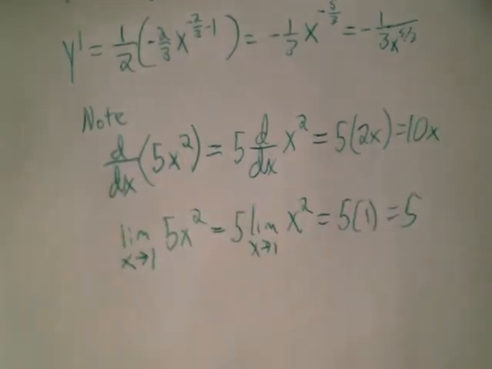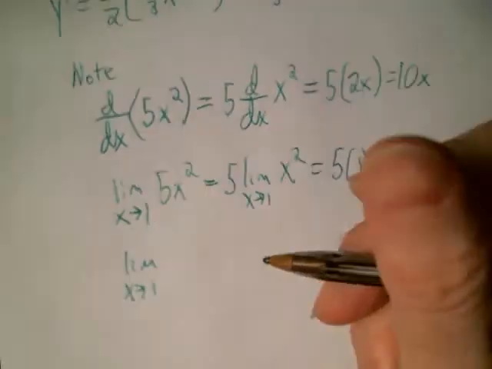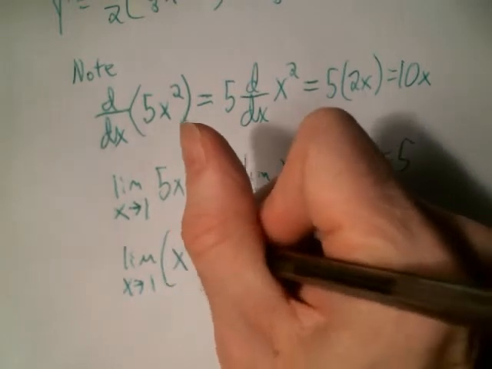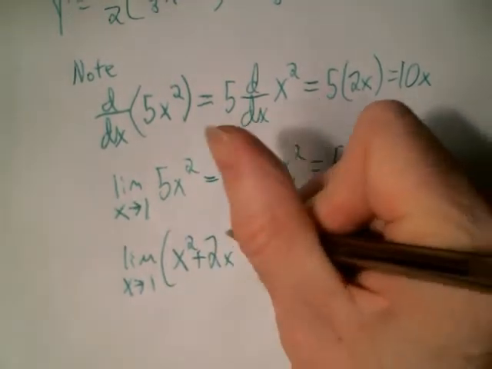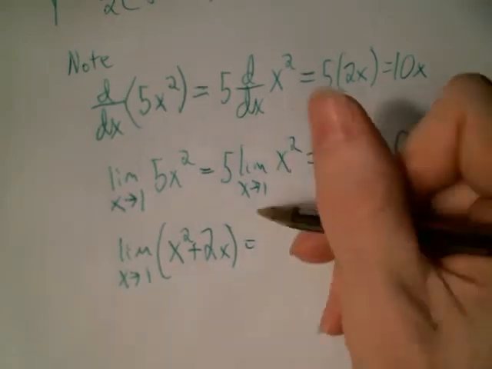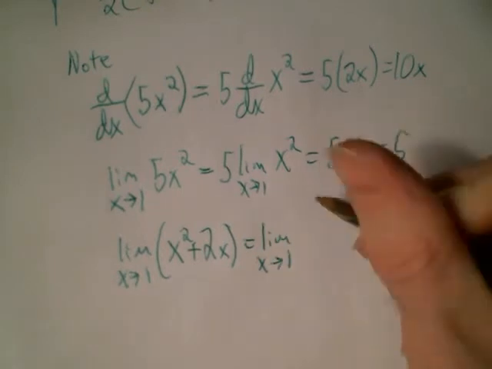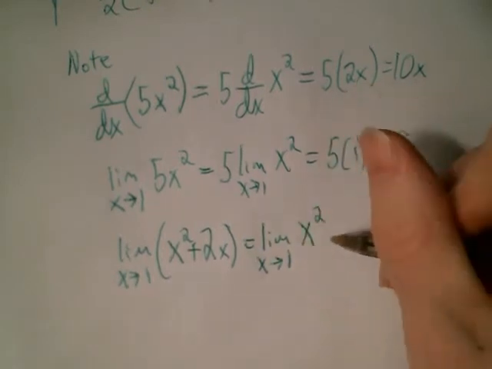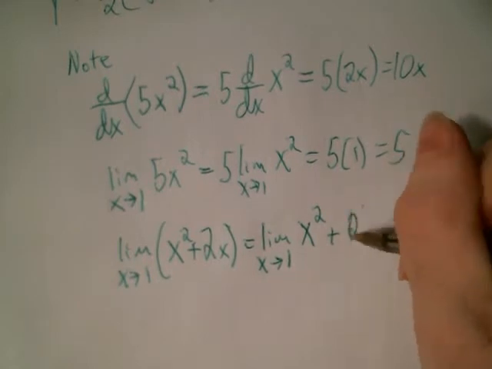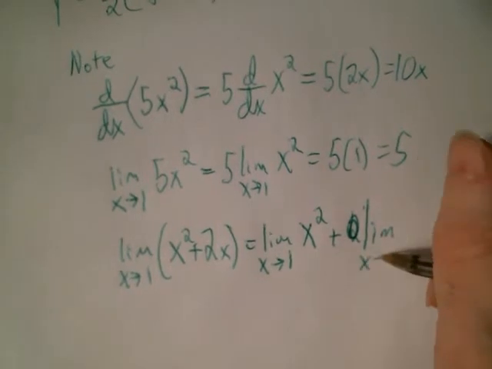With limits, if you recall, we also had other laws. For example, the limit as x goes to 1 of x squared plus 2x. We could figure this out by substitution, but if we had to invoke just the limit laws, it would look something like this. The limit of the sum is equal to the sum of the limits.